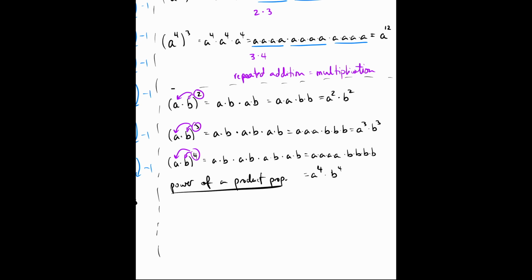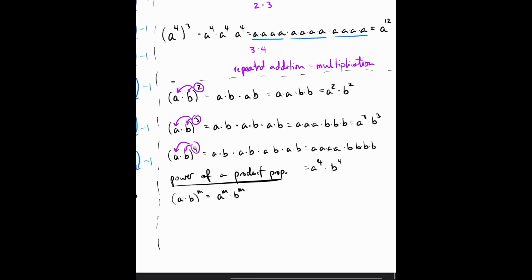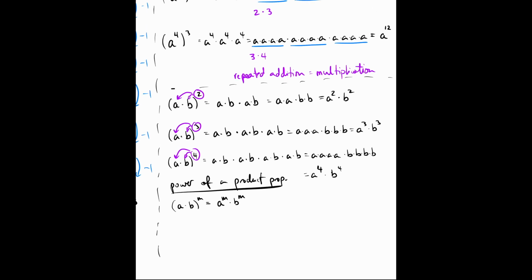And, I mean, we already said it in words, but normally this is written something like this, where each factor receives the same exponent. And we can actually do this with division as well, with a quotient.